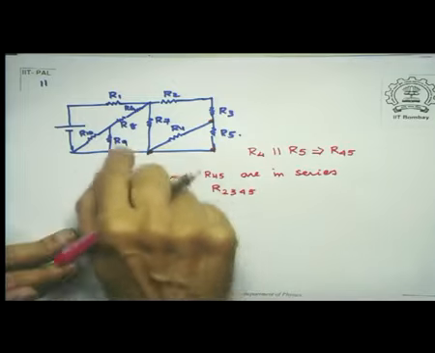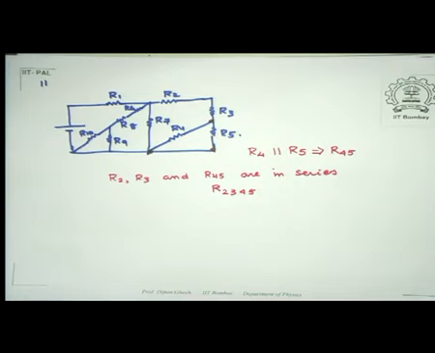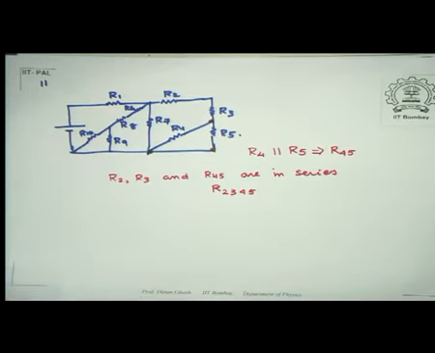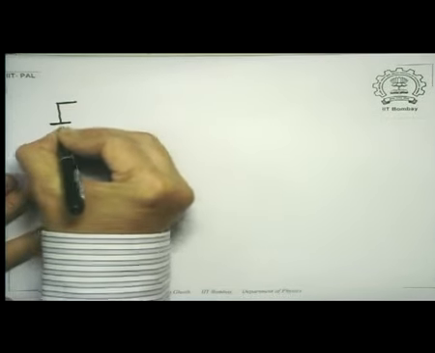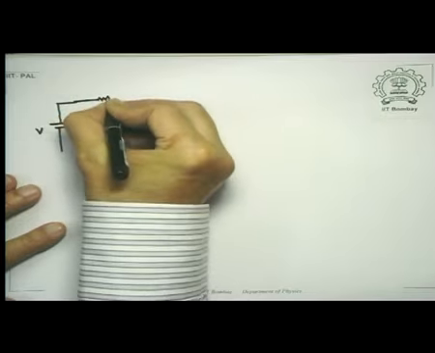Now, what I do is that I replace this whole thing with the following circuit. It's becoming a little clumsy, so let me redraw the equivalent circuit at this stage. This is V. I had a R1 there.